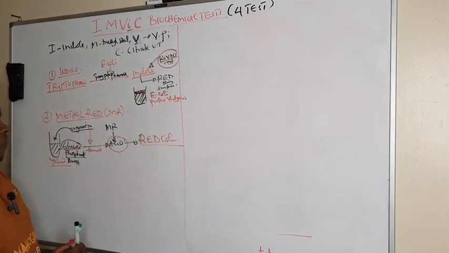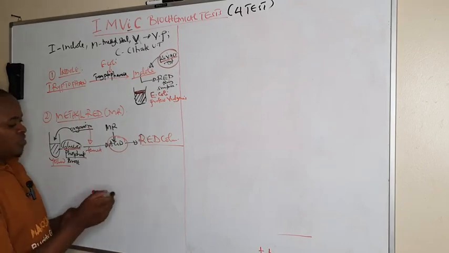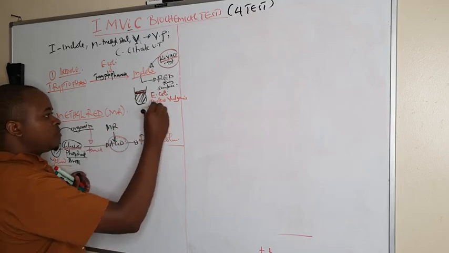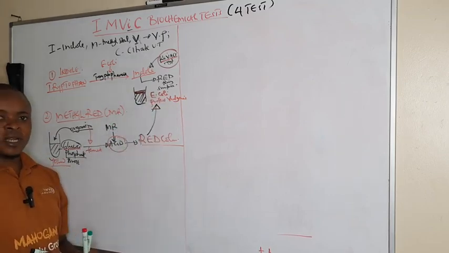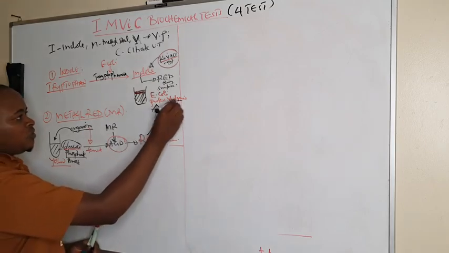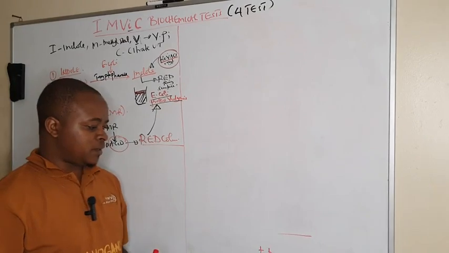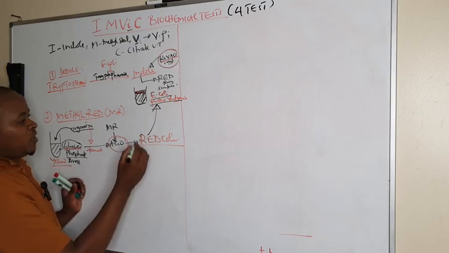And examples of organisms which are positive with the methyl red test are the same, that is E. coli and Proteus vulgaris. They also give positive results with the methyl red test. Maybe another one I can add is Salmonella.